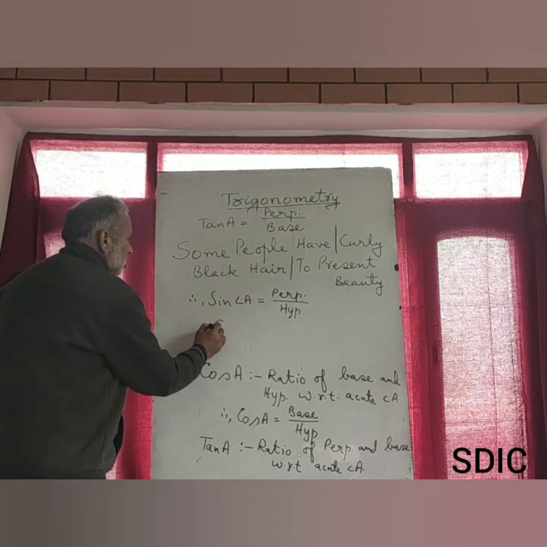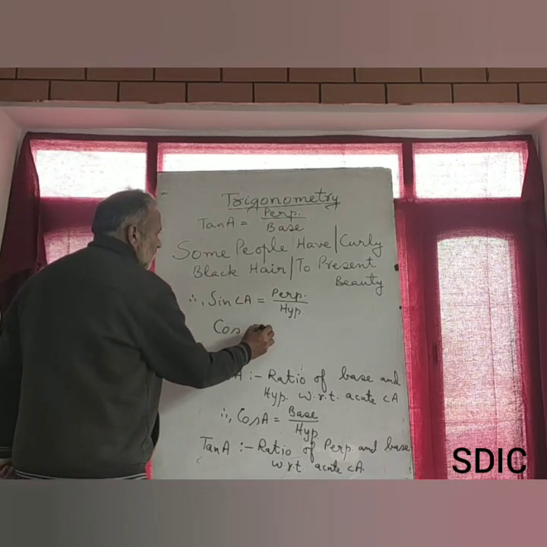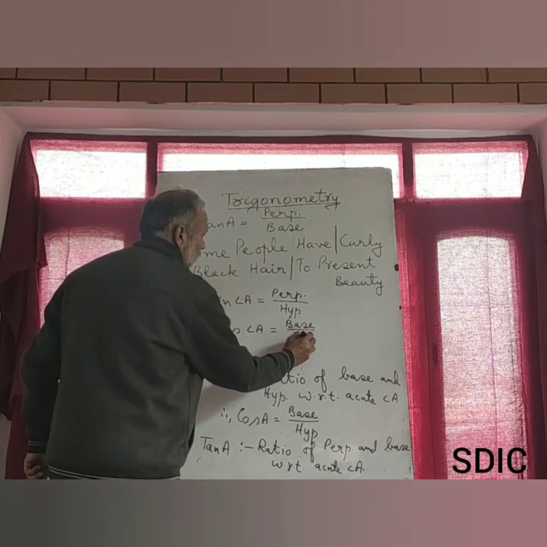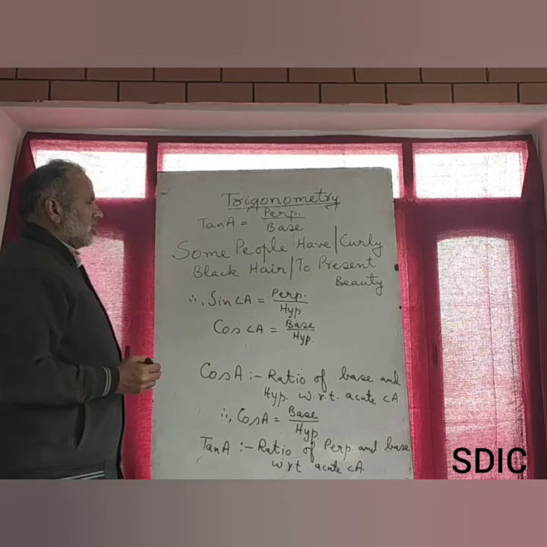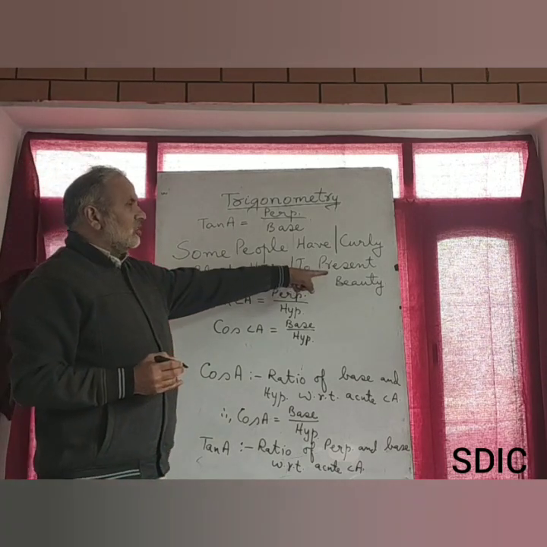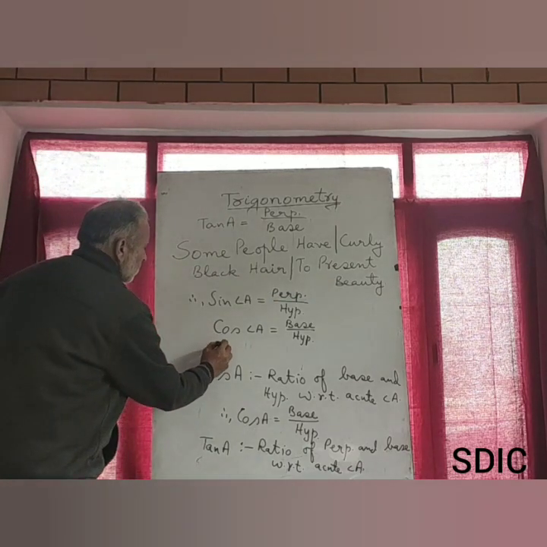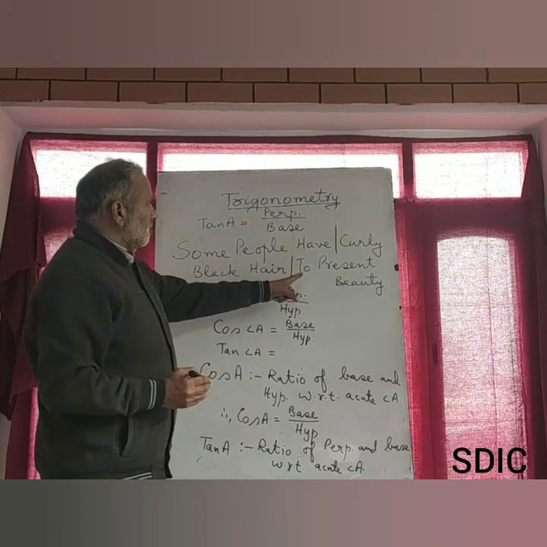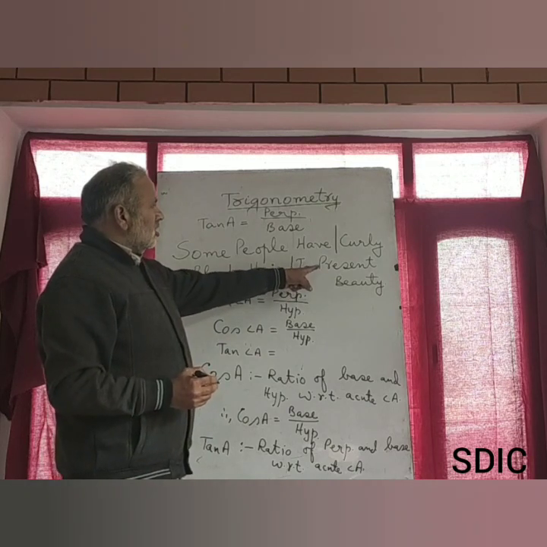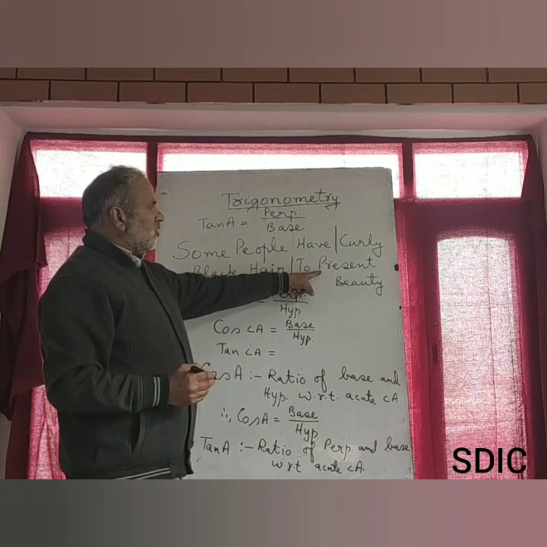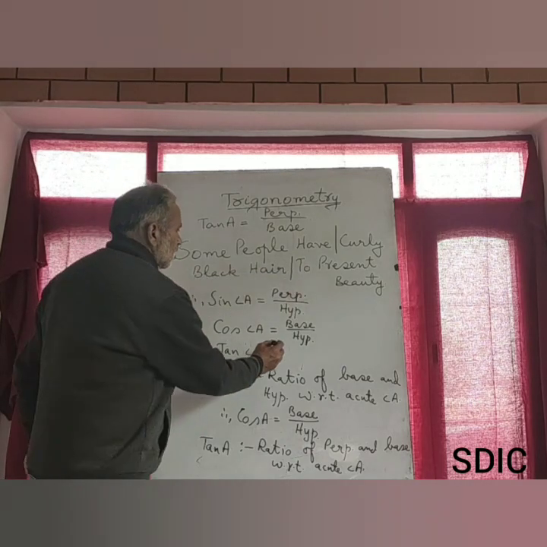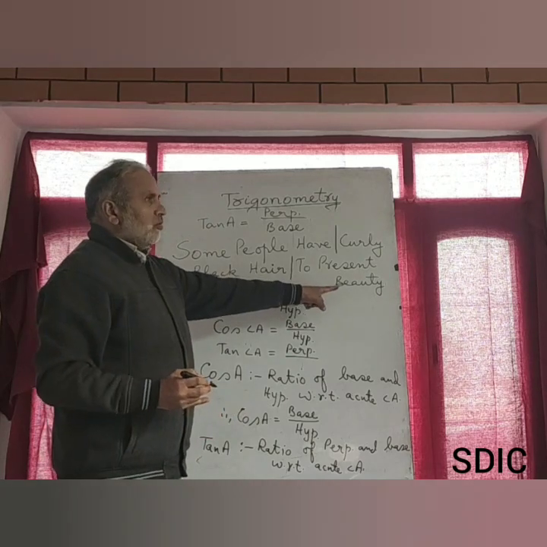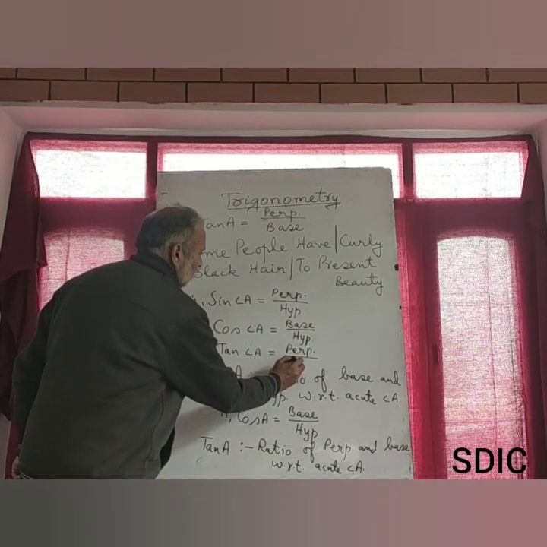Therefore, cos of acute angle A is defined as base by hypotenuse. And then the third definition from the third group will give us tangent of acute angle A is equal to, T for tangent, is equal to perpendicular. First alphabet P refers to perpendicular, so it is perpendicular divided by B, which refers to base.